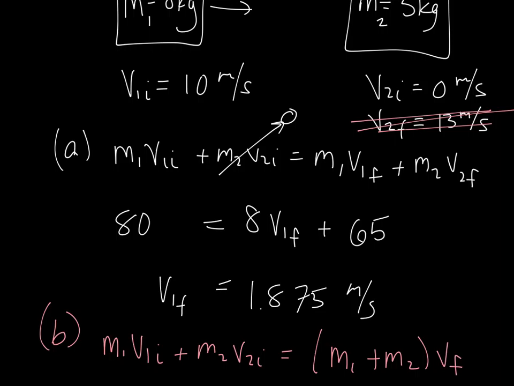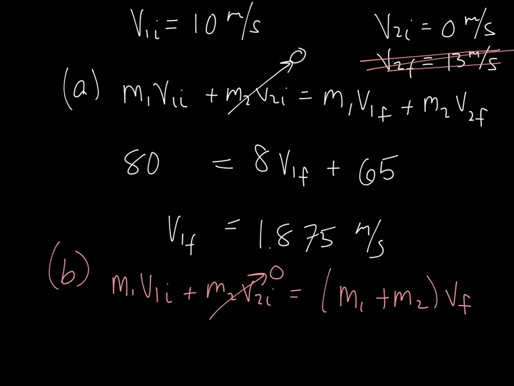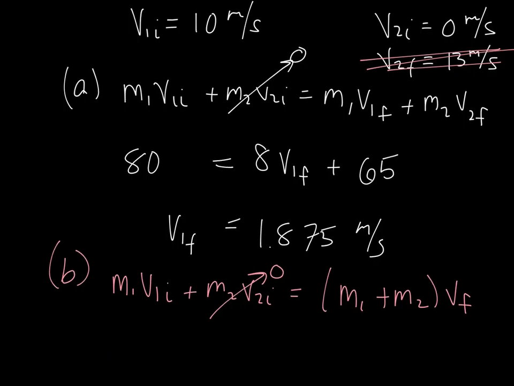So all we do is lump the masses together on the second half of the equation, because these two objects end up sticking together, and then they move as one afterward. This still drops off and goes to 0 because there was no velocity of the second object to start.